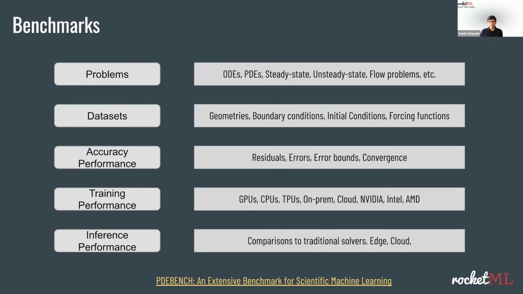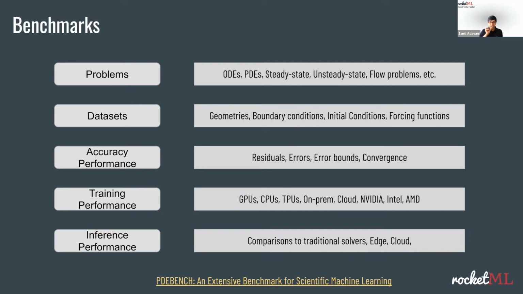So for that, we need to have a clear definition of the data sets that we want to use for measuring performance, be it geometries, boundary conditions, initial conditions, forcing functions, etc. And ideally, these have to be very industry specific, right?